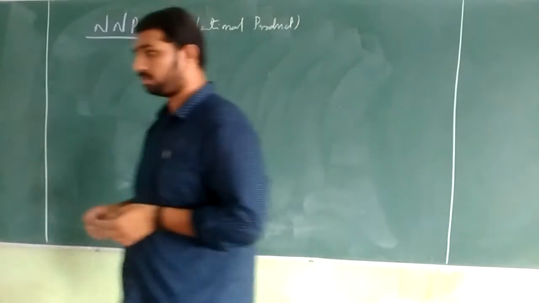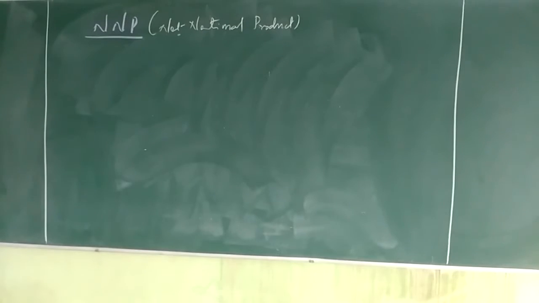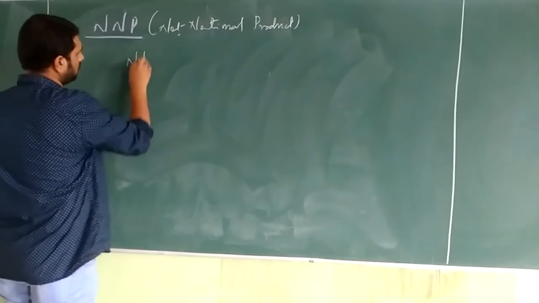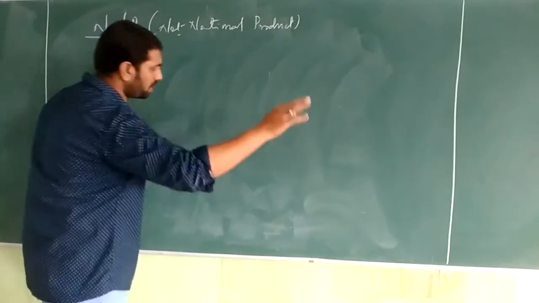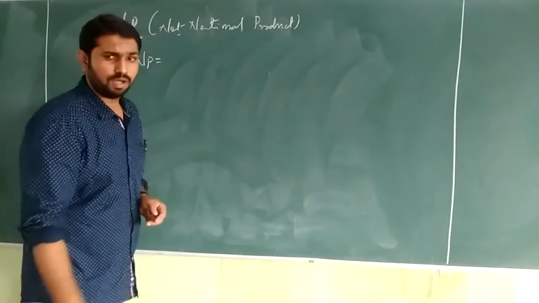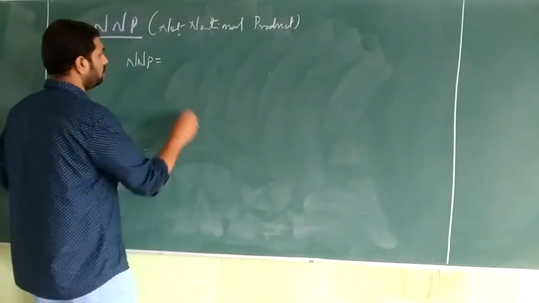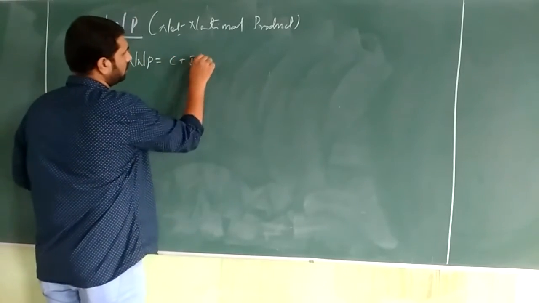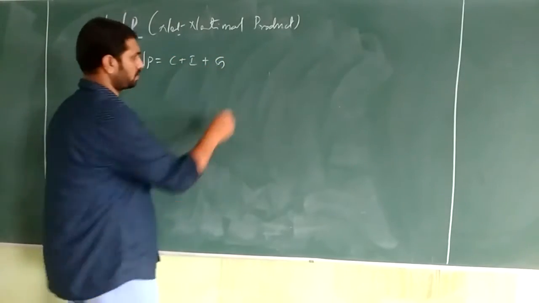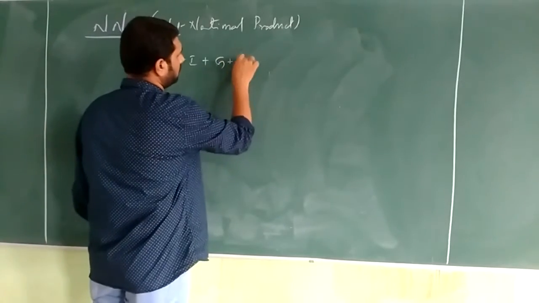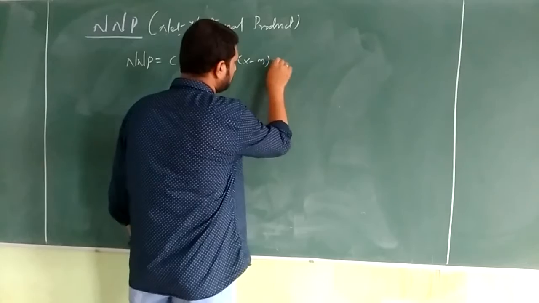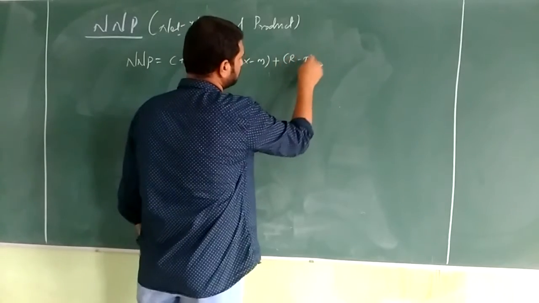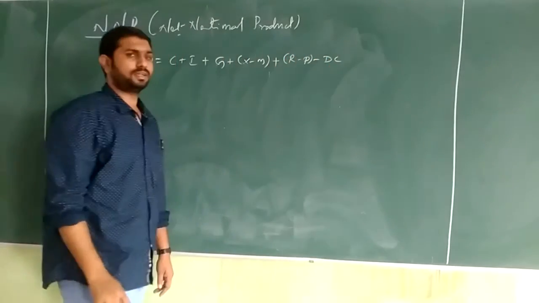Then the formula is very simple. That is NNP, net national product, equals to... its elaborate formula is there. We have two ways of expressing this formula. The first one is C plus I plus G plus X minus M plus R minus P minus DC.